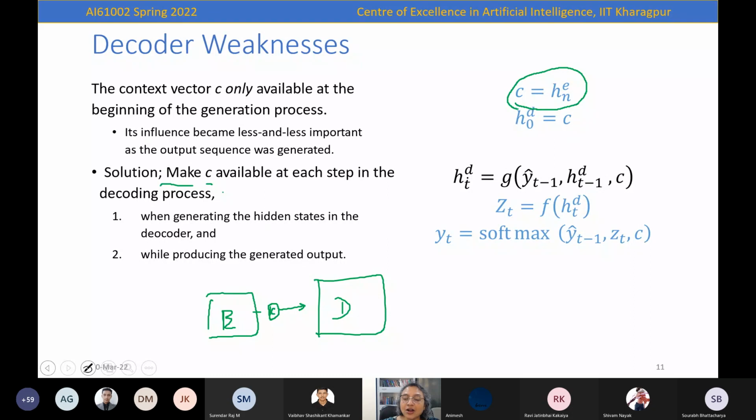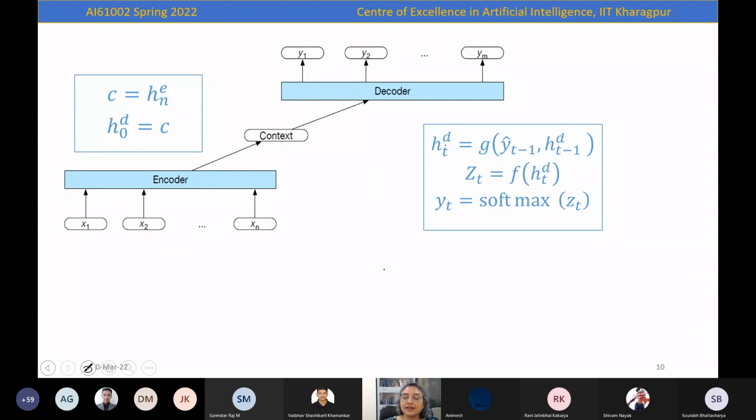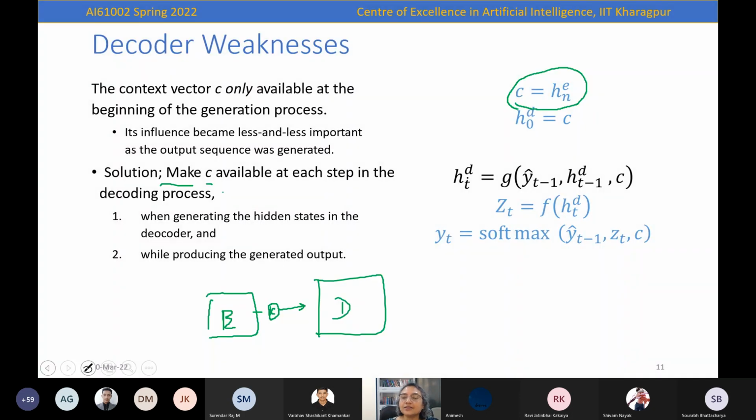So in our first model, the context vector was fed to the first state of the decoder. Right? Now, a simple improvement is to feed the context vector at all decoder states. The same context vector at all the decoder states.